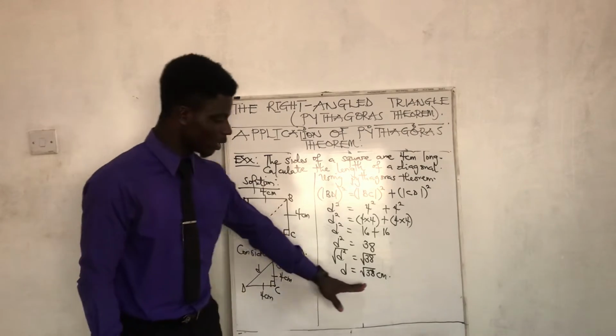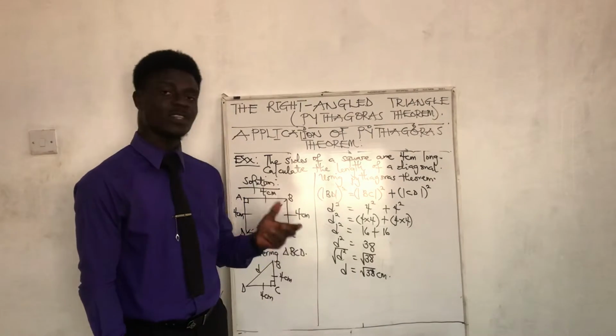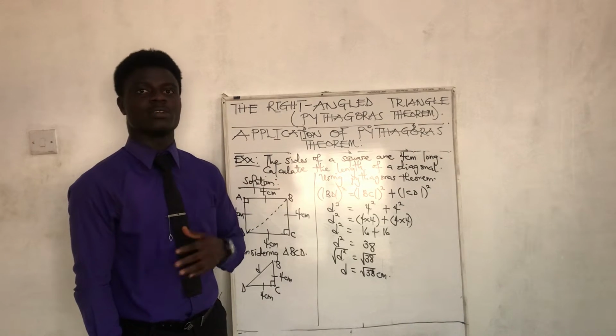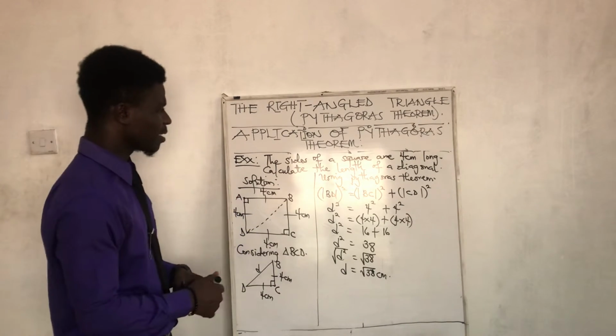So that's the diagonal. Now, the square root of 38 is a little bit difficult. But we can see some trick.